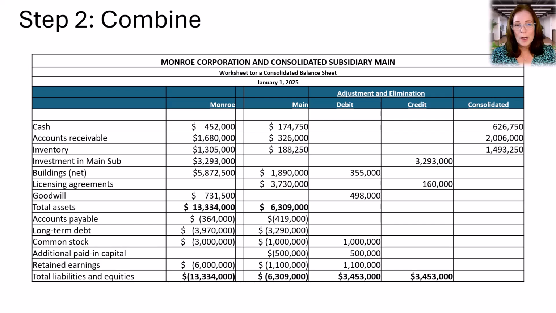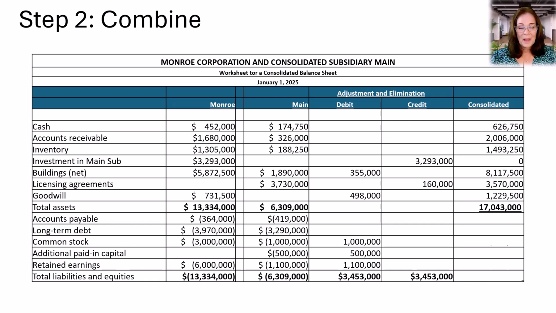Inventory, $1,493,250. The investment account in Maine is now 0. Buildings after the adjustment is $8,117,500. Licensing agreements after the adjustment comes to $3,570,000. And goodwill for $1,229,500.